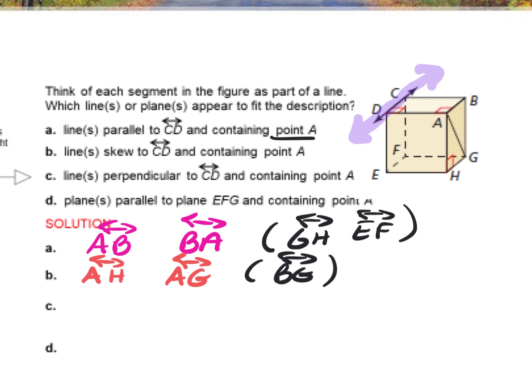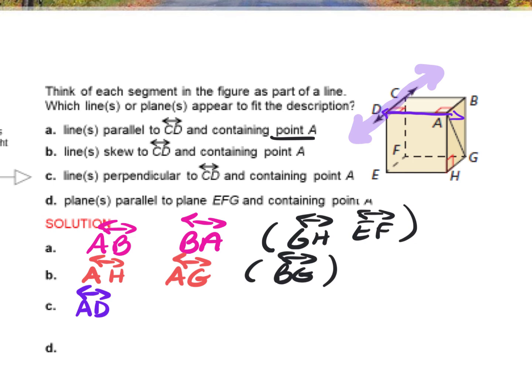So for perpendicular, I can say AD here would be a perpendicular. That's the only one that would include point A that would be perpendicular to CD. Now there are other perpendicular lines in this picture.